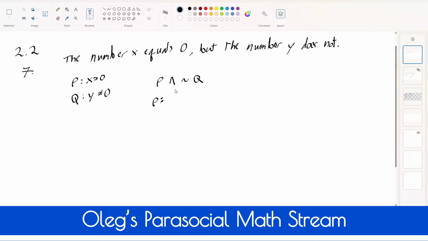It's just a little more convenient, and I'll see if I can come up with another form that's simpler. P and not Q. P such that x equals 0, and Q, y equals 0. P and not Q. The number x equals 0. P states x equals 0. Yes? Good. Not Q. Q states y equals 0. Not that, so it does not equal 0. So basically that's how I'm going about it.